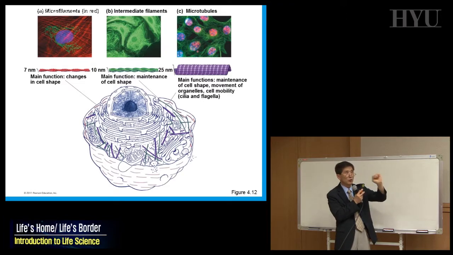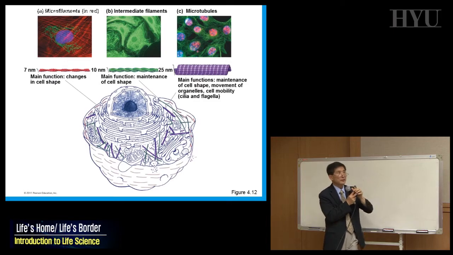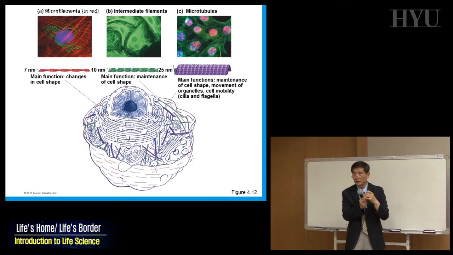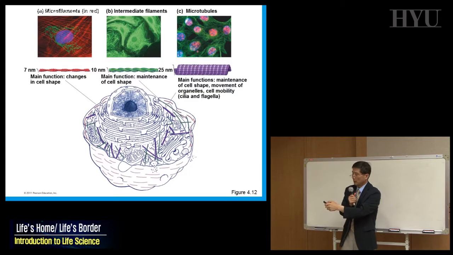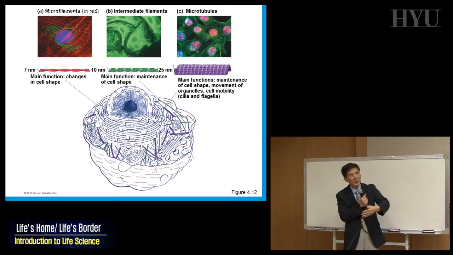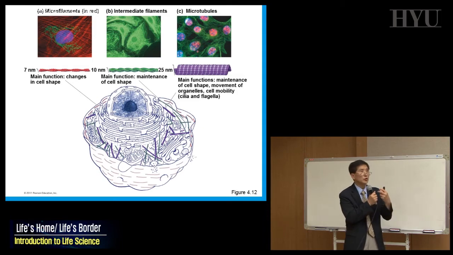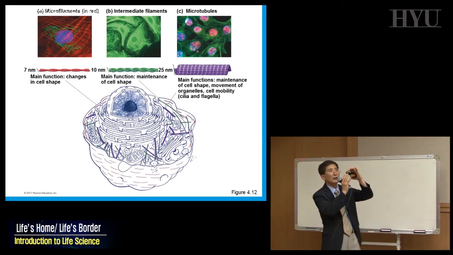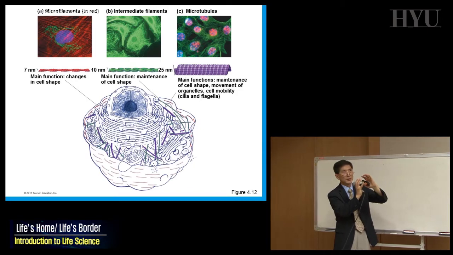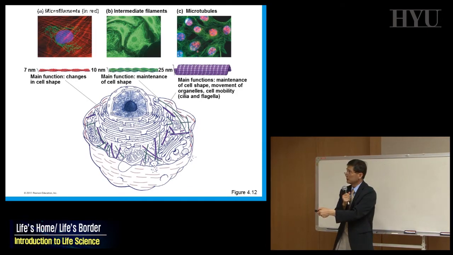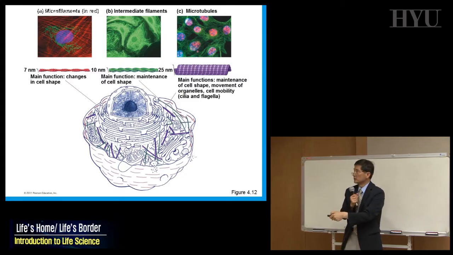Based on thickness, we classify them as microfilaments, intermediate filaments, fine, right? The small one, the middle one, and the big one, also called micro, but it's a tubule. It's a hollow big rope. Again, microfilaments, intermediate filaments, microtubules: the thinnest rope, the middle one, the thickest rope.